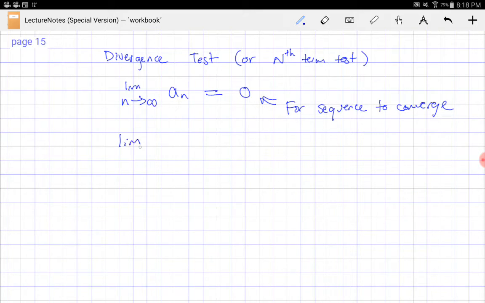So if we know that the limit as n goes to infinity of some sequence a_n is not equal to 0, then we can say, here I meant to say series, that one criterion must be met.